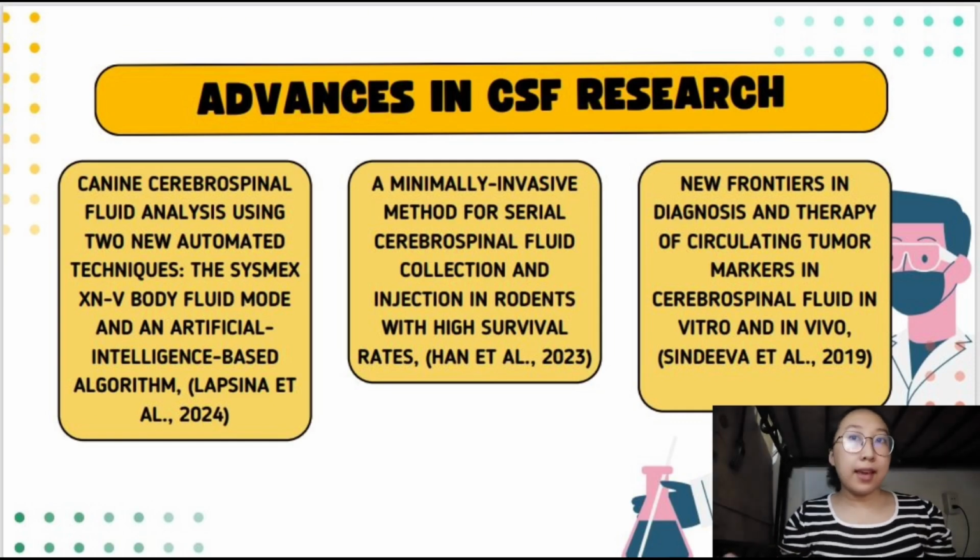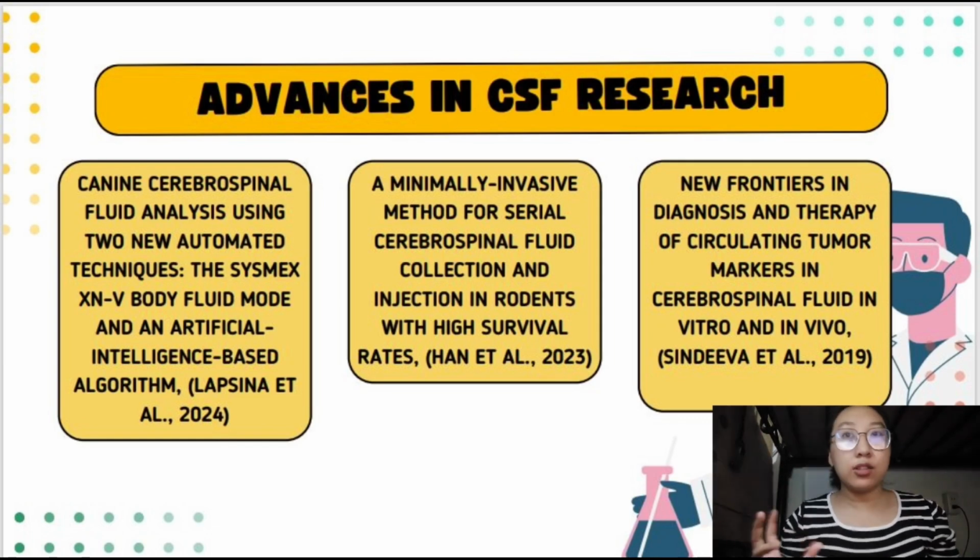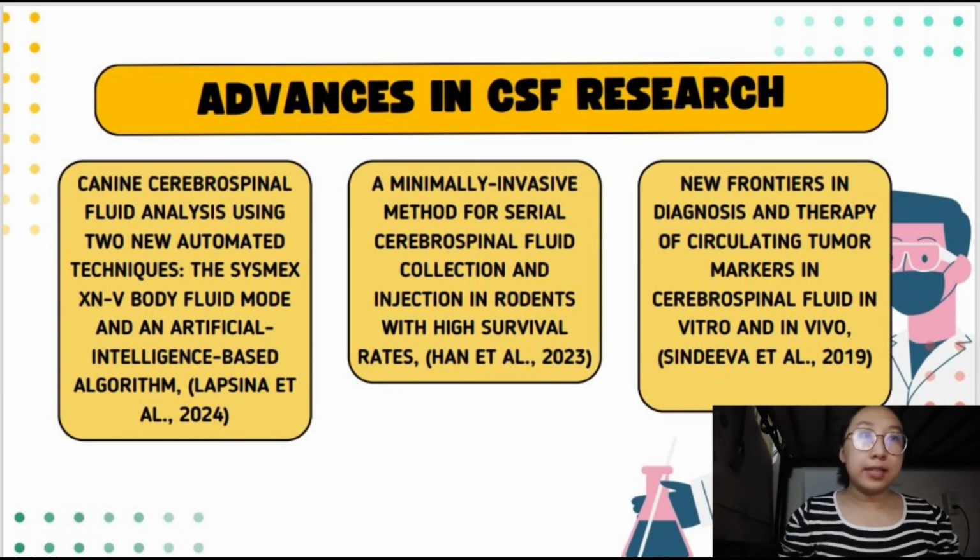Although the Sysmex XN-V could effectively count total cells, however, it needs further improvements and a little bit of tweaking because it cannot consistently classify cells accurately. So with the Olympus AI algorithm naman, it accurately identifies and classifies different cell types, but it still needs refinement. Both need refinement to ensure full reliability.